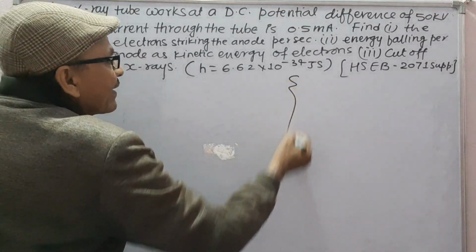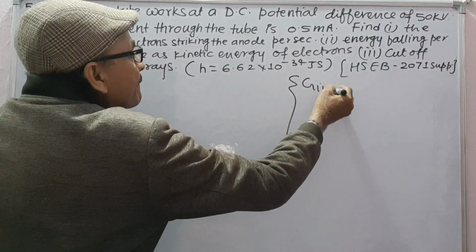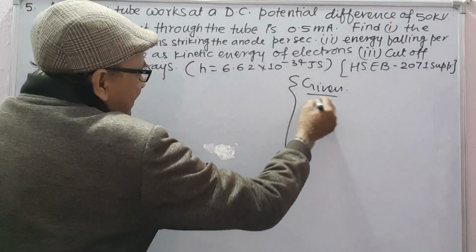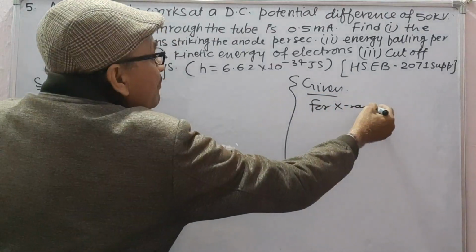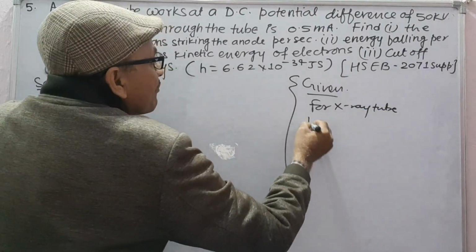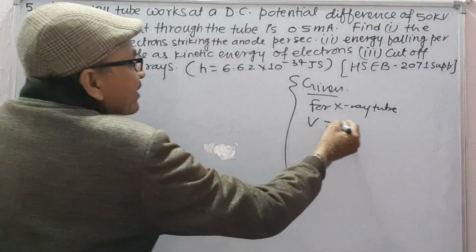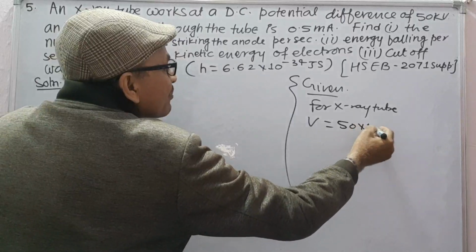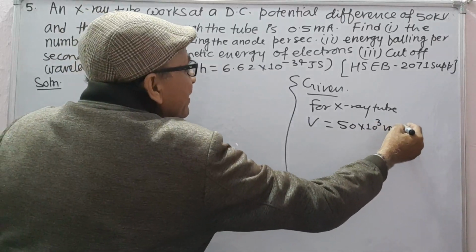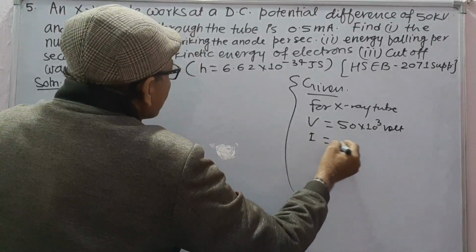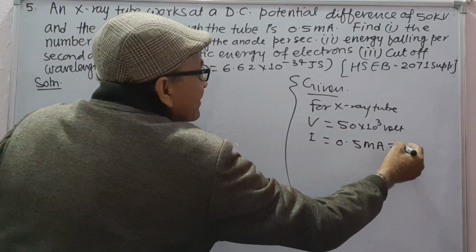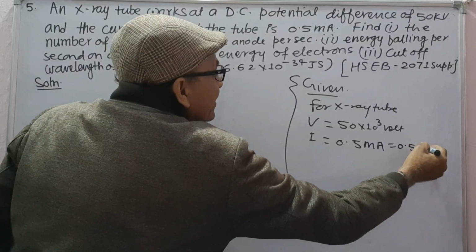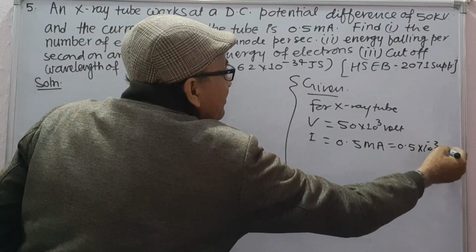Here given for X-ray tube, B is 50 kilovolt, 50 into 10 to power 3 volt. Current I is equal to 0.5 milliampere, that is 0.5 into 10 to minus 3 ampere.